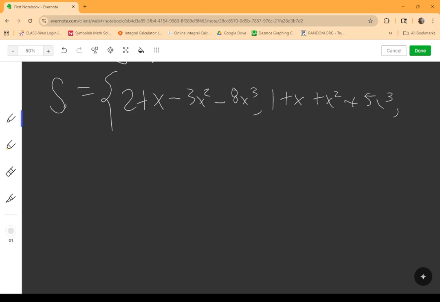So let's say that S is equal to the set 2 plus x minus 3x squared minus 8x cubed, 1 plus x squared plus 5x cubed, and then 3 minus 4x squared minus 7x cubed.